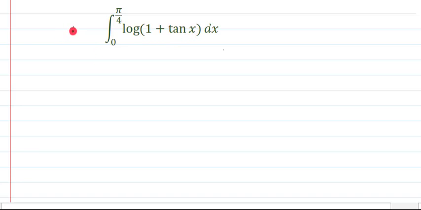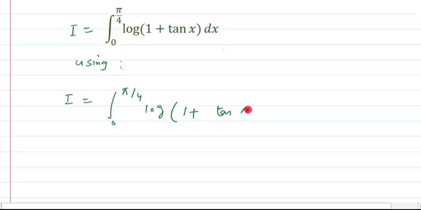So first of all, let me consider this integrand as I. And now using the property, you need to write down the property over here. So after writing the property, you will write 0 to pi by 4 log 1 plus tan of pi by 4 minus x dx. Now here we can use a trigonometric identity.